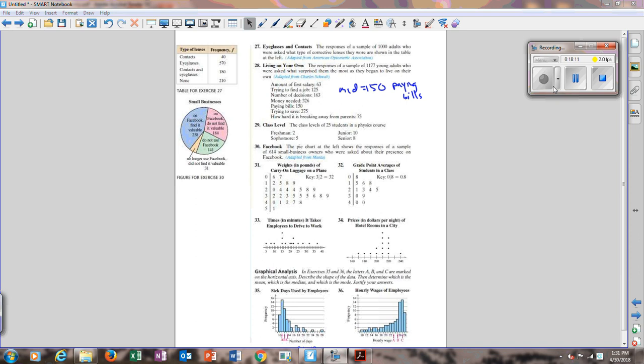This would be 258 plus 184 plus 141 plus 31. Divide that by 4. That gives you 153.5.